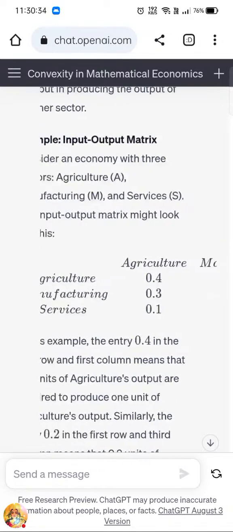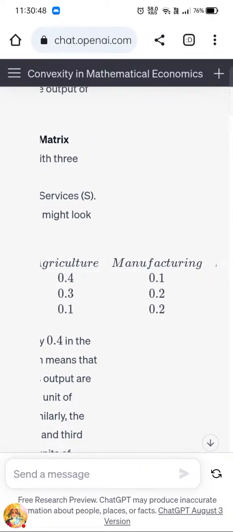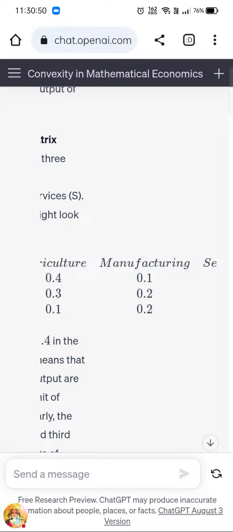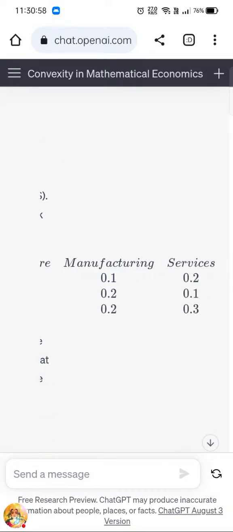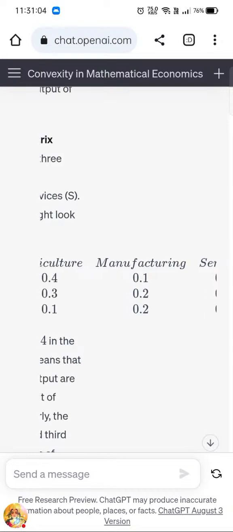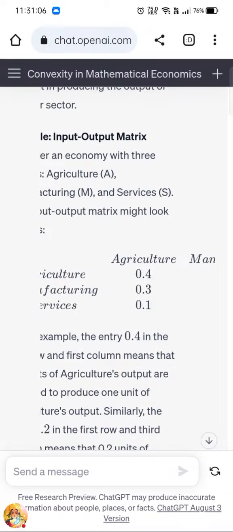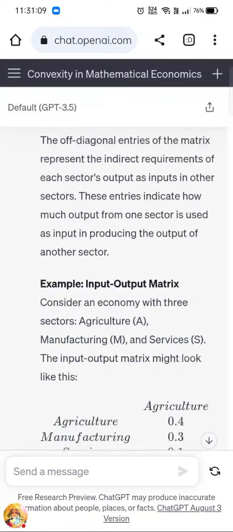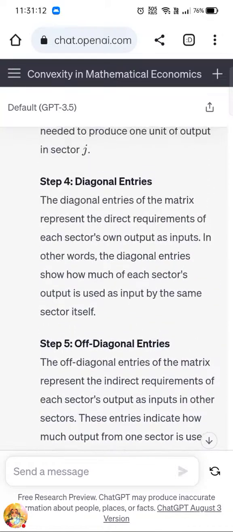Here agriculture needs 0.4 units of its own output to produce its output. Manufacturing takes 0.2 units of its own output, and services takes 0.3 units of its own output to produce further services output. This is called diagonal entries.